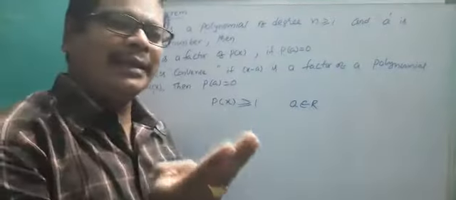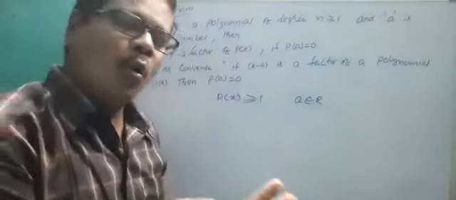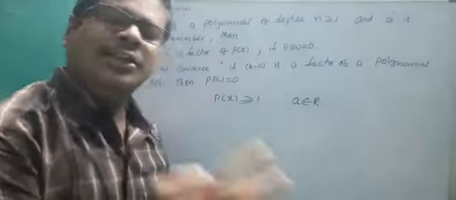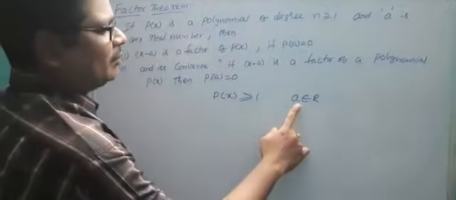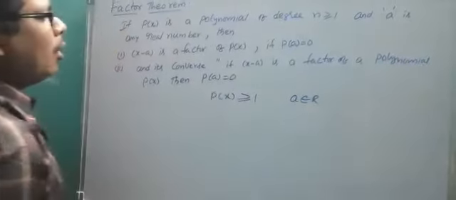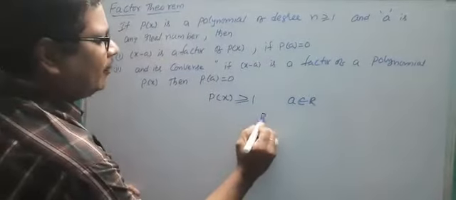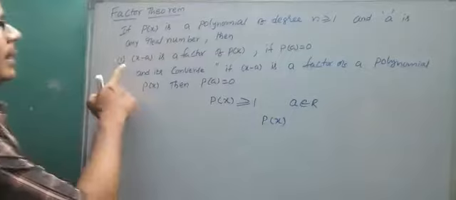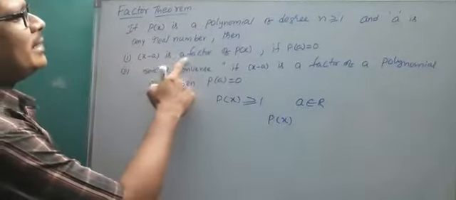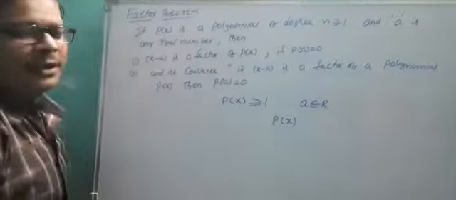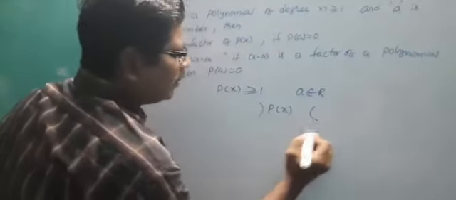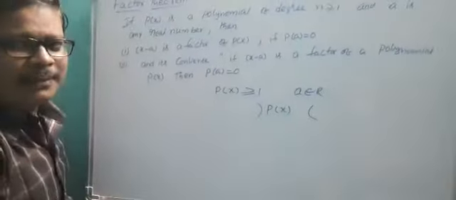That means you can take a natural number, whole number, integer, rational, or irrational. You take any one number like a. So now first, x minus a is a factor of p of x if p of a equals 0.